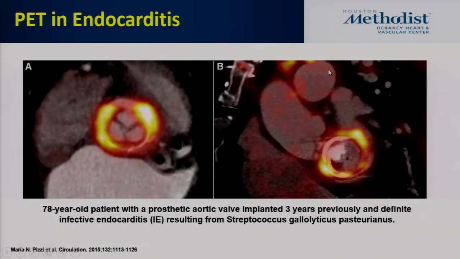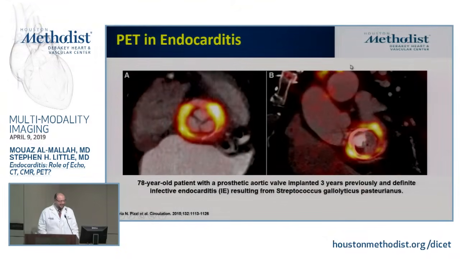Now we're going to move on to things that light up, and with that, it's PET. PET in endocarditis is a relatively new field, and it has been advocated primarily by the Europeans. There are some leaders in the field who have been pushing it from the European Association of Cardiovascular Imaging.